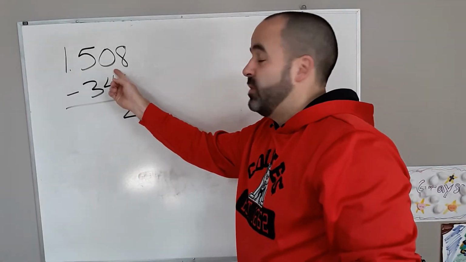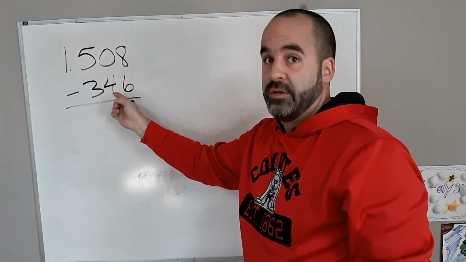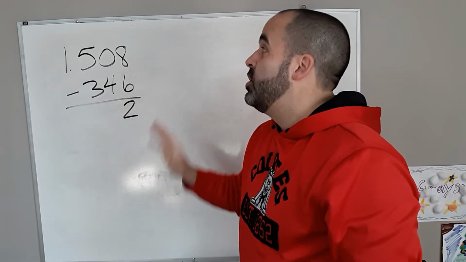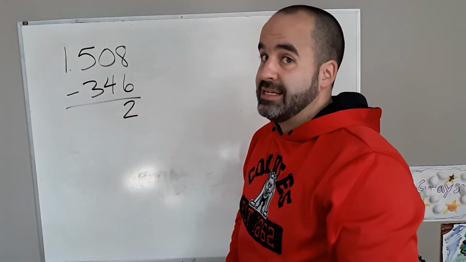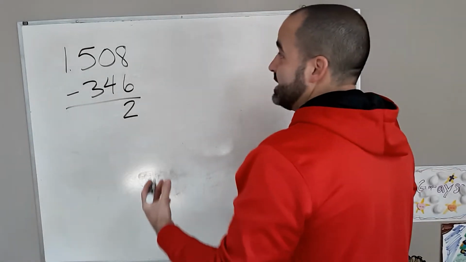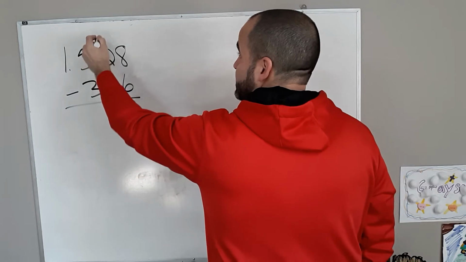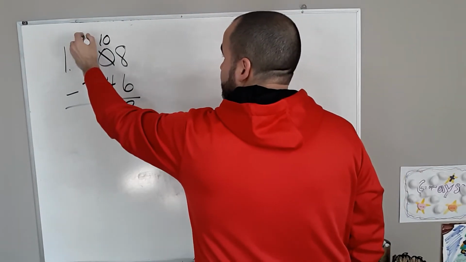Now, we come to the tens. 0 minus 4. Do I need to borrow? Yes. Now, don't cross out both numbers and make 49, because that doesn't work in this case. In this case, I'm going to cross out the 0, and I'm going to add a 10 to it, so 0 becomes 10, and 5 becomes 4.